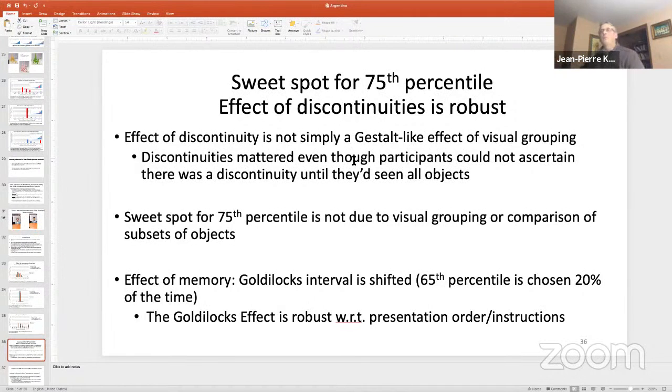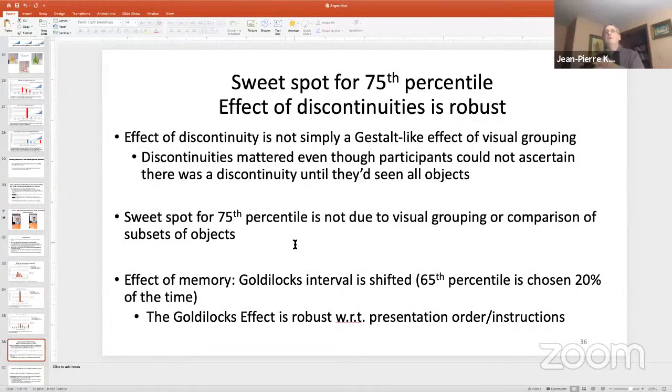One of 6 objects we presented after the presentation that was sequential. The second conclusion was that the sweet spot for the 75th percentile is not due to visual grouping or comparison of subsets of objects, which was also a worry we had, because it remains. People still prefer something around the 70th or 75th percentile.